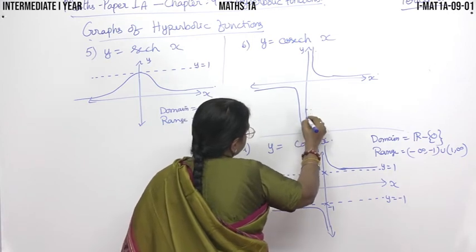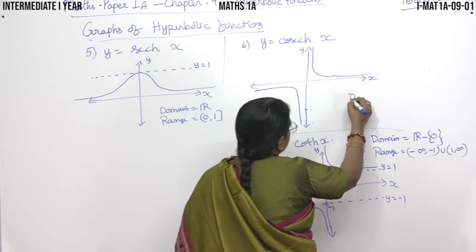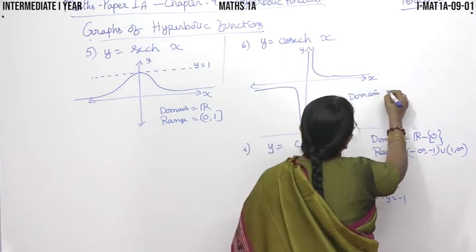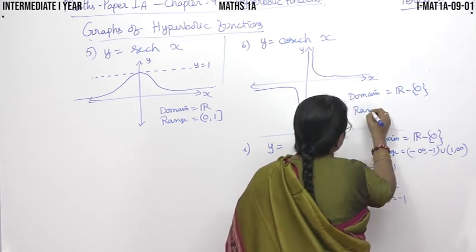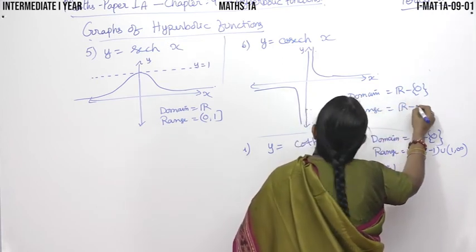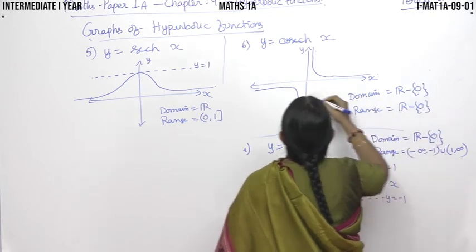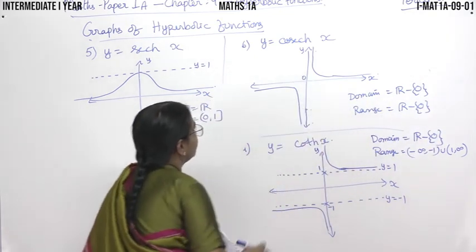Touch at infinity. So here the domain is the real number set minus 0 and the range is also the real number set minus 0. Origin is not included.